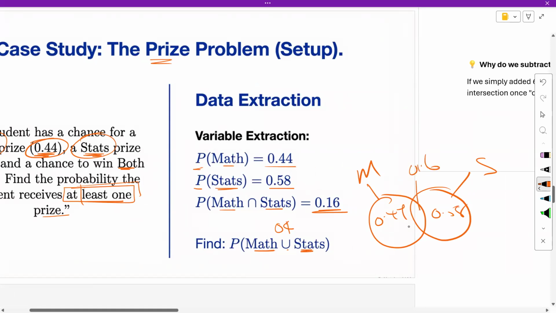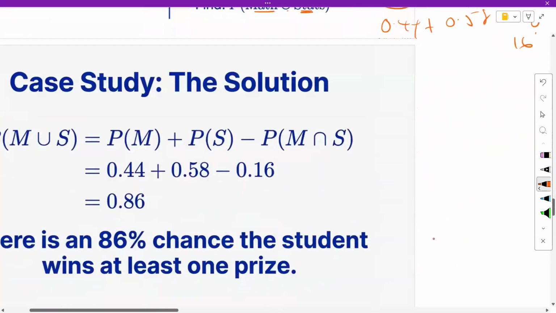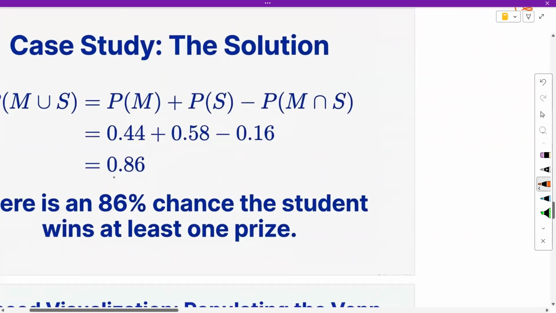According to the formula, you get 0.44 plus 0.58 minus 0.16. We have to deduct this common area. Then you can get 0.86.